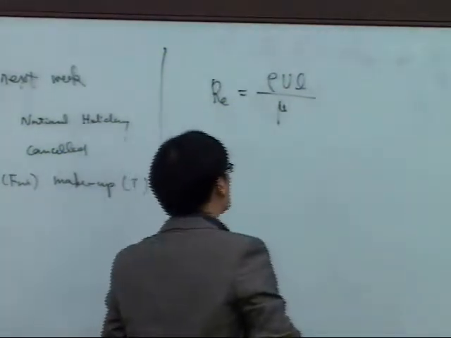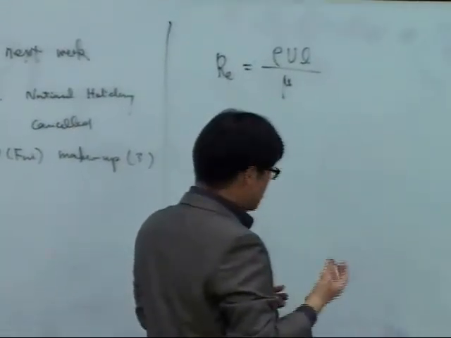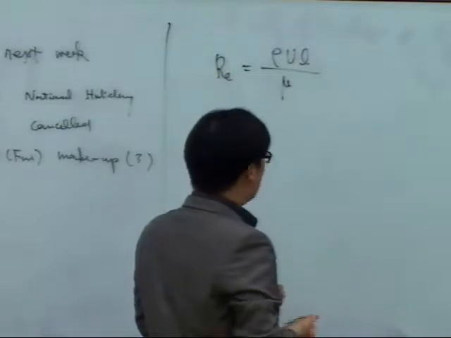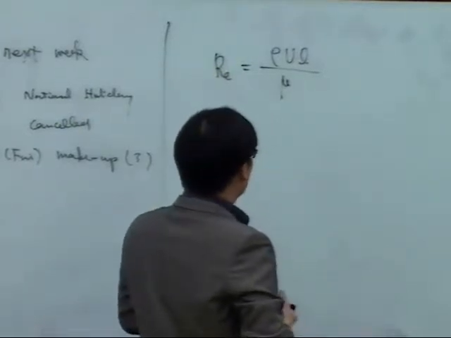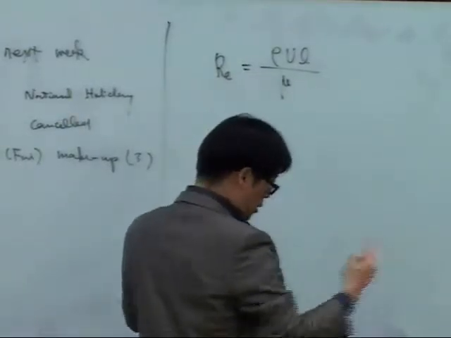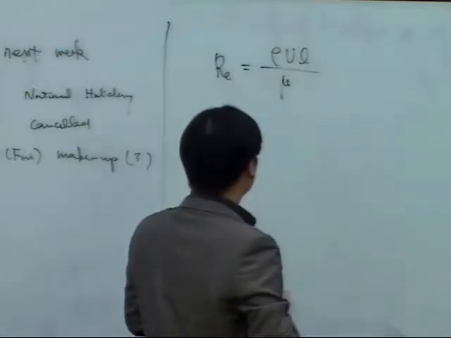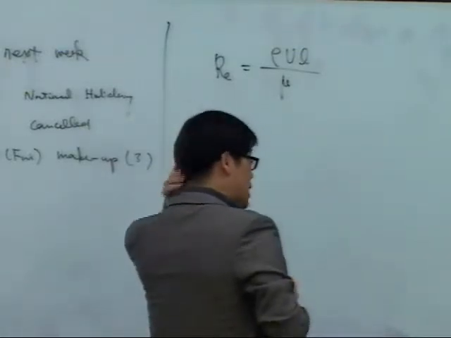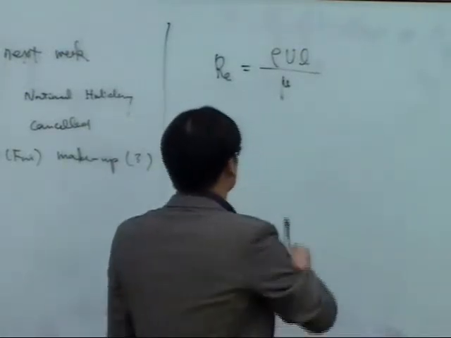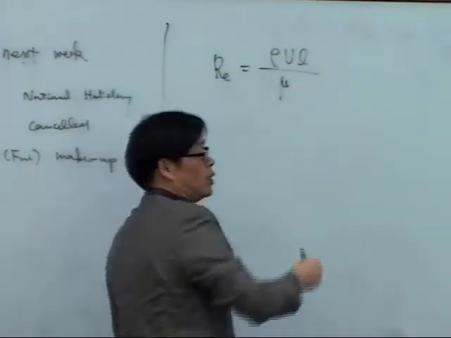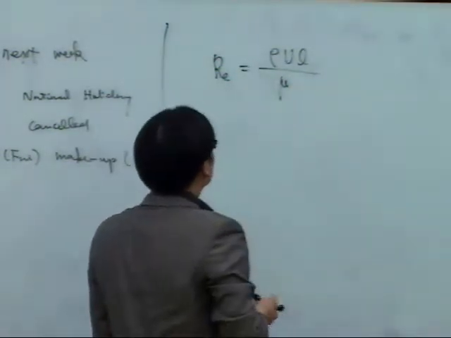Rho is density, u is the speed of the body, L is the length of the body, and mu is dynamic viscosity. Of course, this is dimensionless, so it doesn't have any dimension.